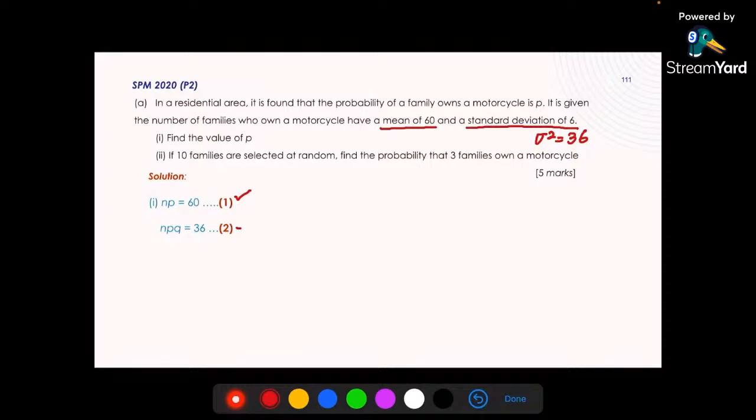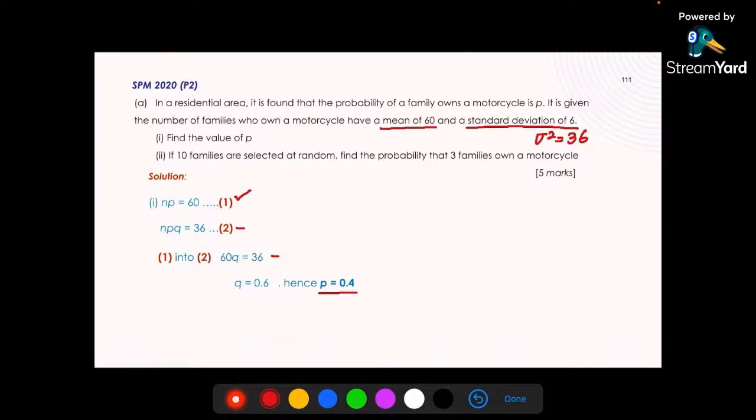Then kita buat simultaneous, 1 into 2, you akan dapat 60q equals 36. Then q equals 0.6. Once we get q, kita akan dapat p, so p equals 0.4. Dia cuma nak p saja kan.